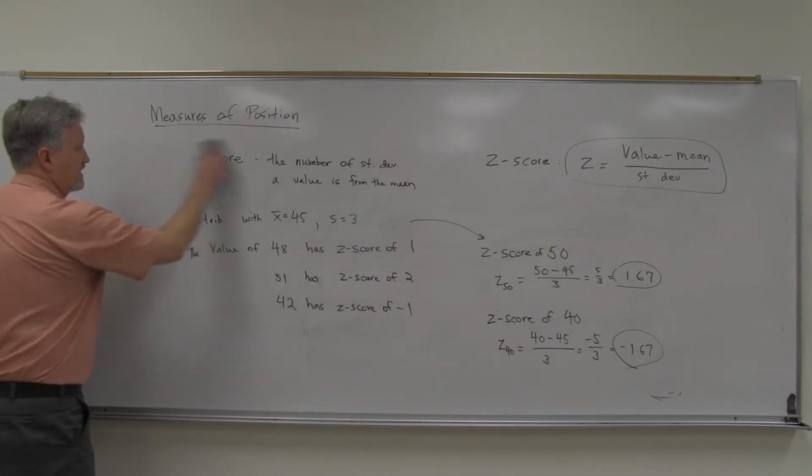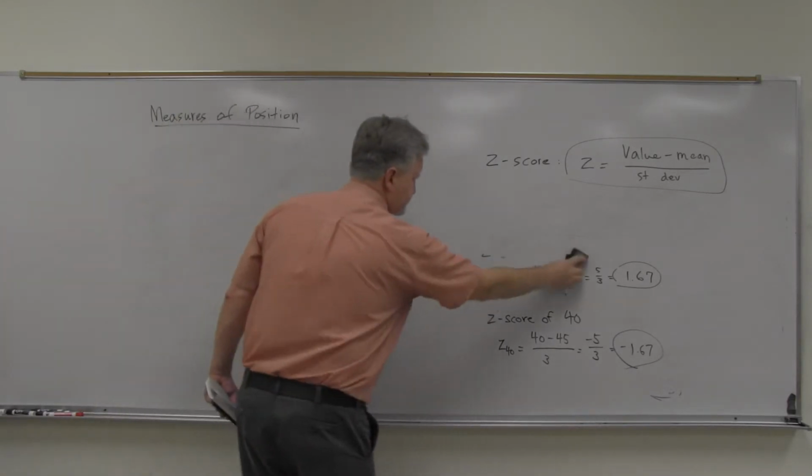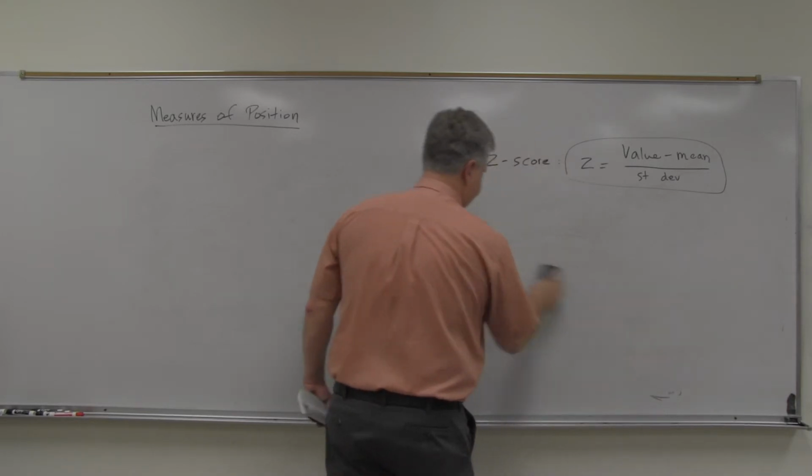And so that's what we're going to do next: compare values from 2 different distributions, and we're going to use this z-score.